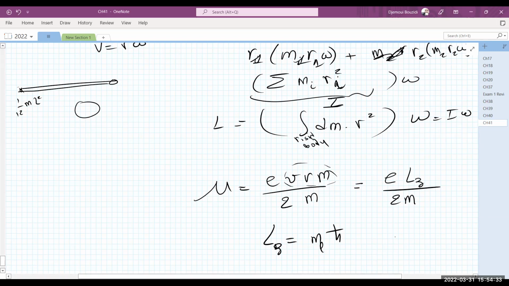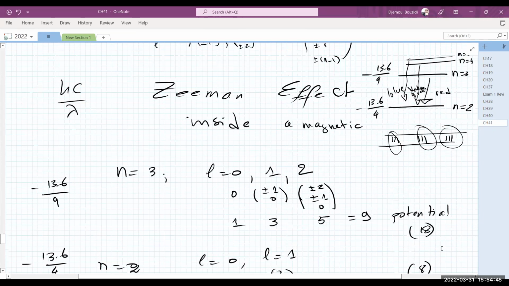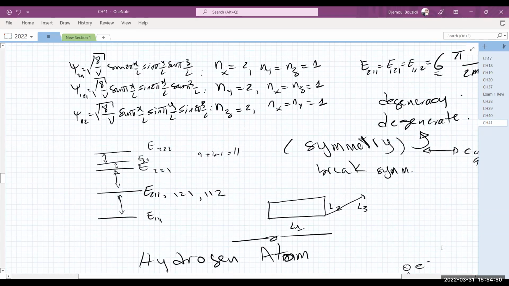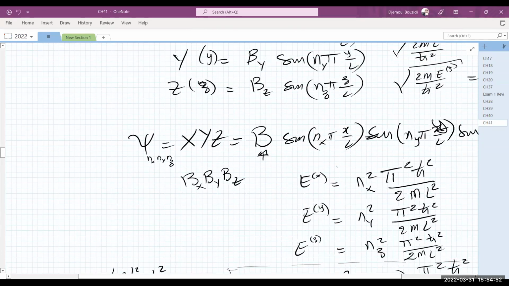At the end, Lz will turn out to be, as an operator, just h bar over i times the derivative with respect to phi. And the derivative with respect to phi acts on the function phi, which is the exponential of i ML phi.